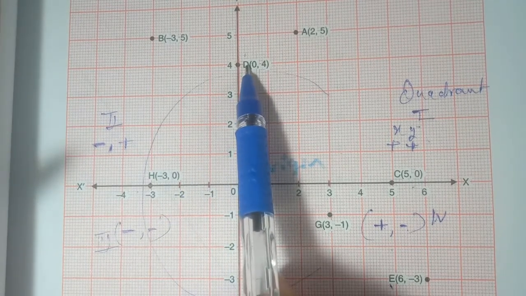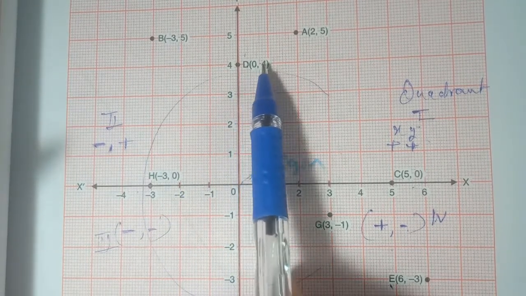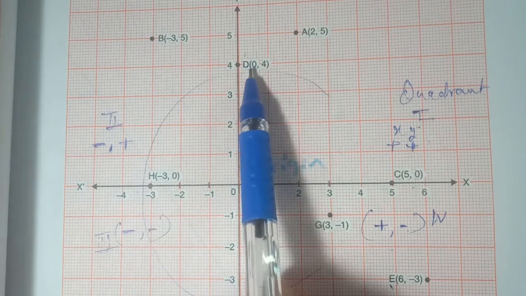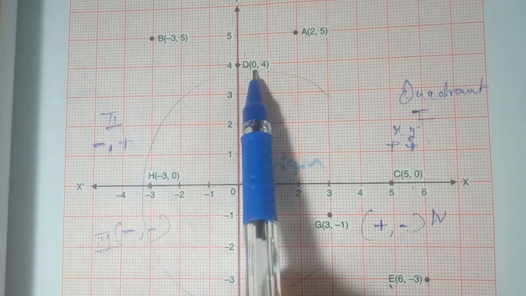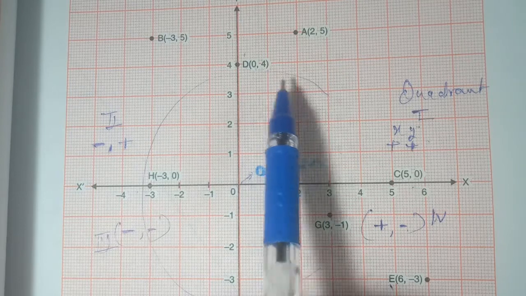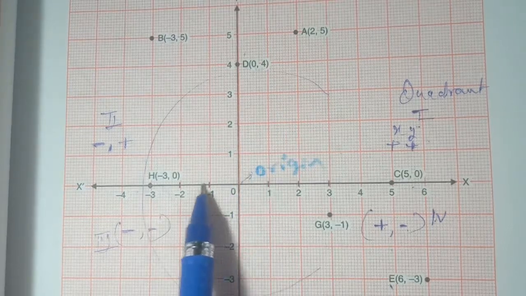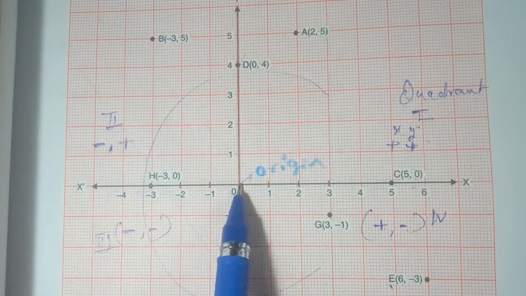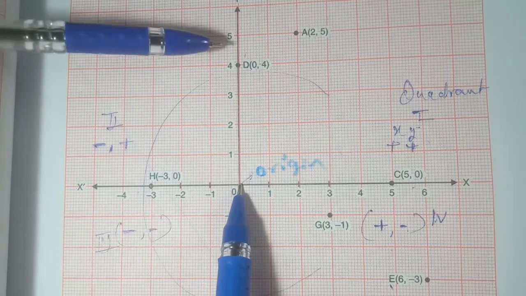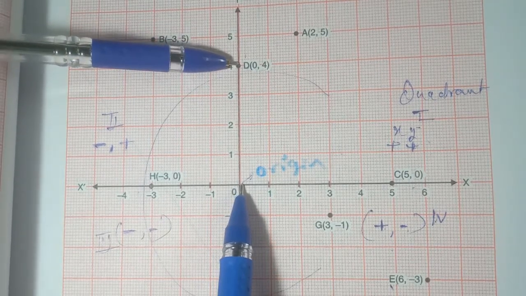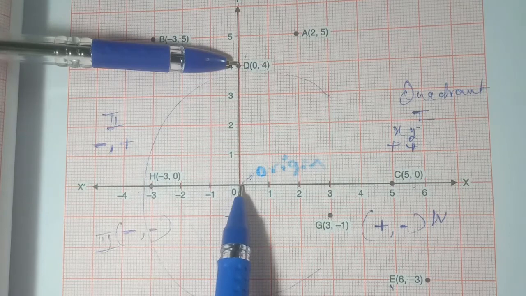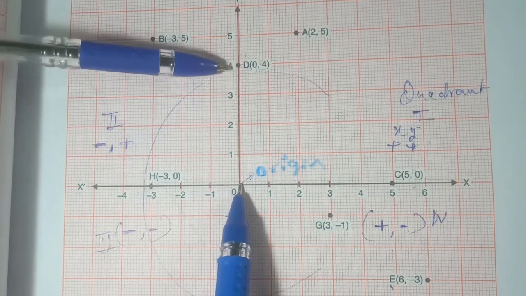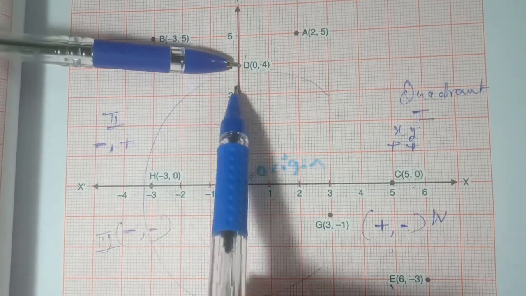Next, point D, 0 and 4. Now here x is 0 and y is 4. If x is 0, then we put the pen on the y-axis over here, and y is 4, plus 4 is over here. So how are we going to intersect both of them? You don't have to move the 4 point to here. We're going to take 0 toward the 4.